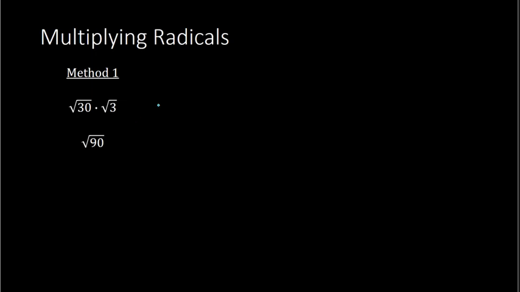But let's break this down. 90 you can break down as a product of 2 times 45. 45 is 9 times 5, and 9 is 3 times 3. So what I have is 2 times 3 times 3 times 5.